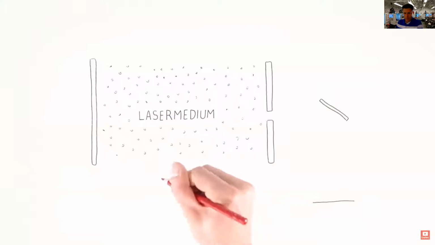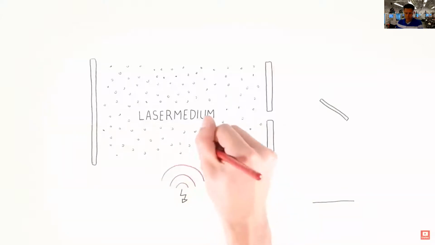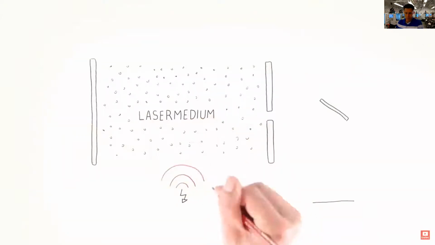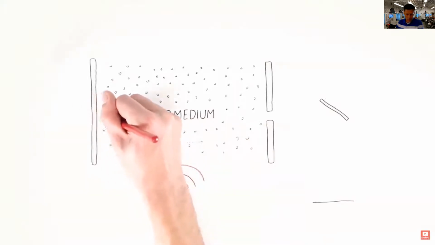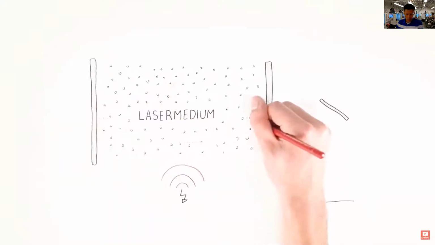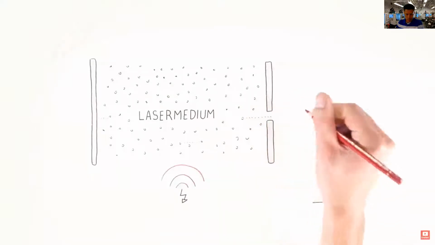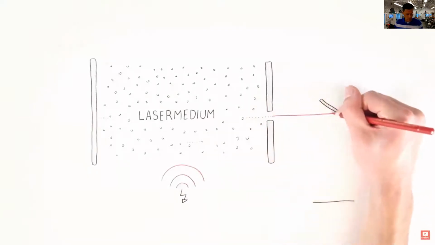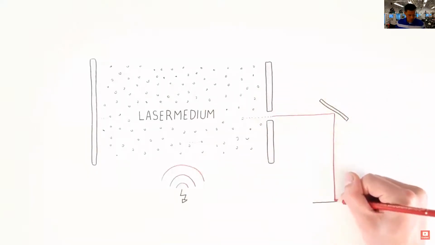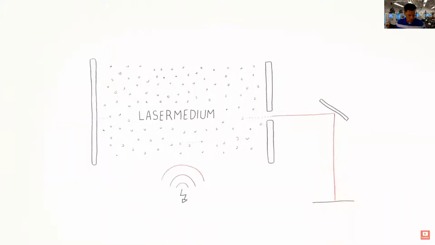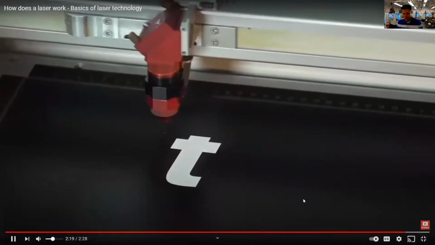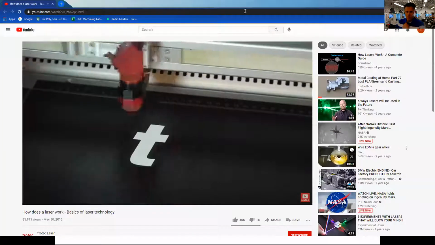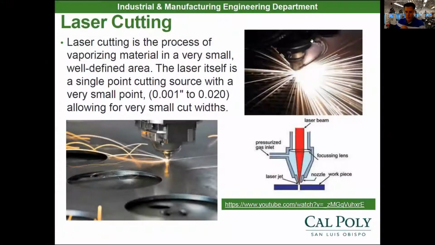Energy is repeatedly pumped into the laser medium, stimulating the particles so that they can release more photons. The mirrors reflect the photons, thereby increasing the number of photons further and further. A directional beam is formed. This beam can leave the laser through the partially transmissive mirror and is directed onto the material, where it engraves, marks, or cuts the desired motif.